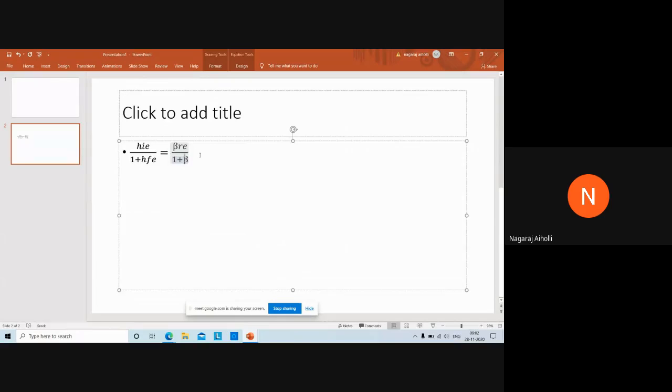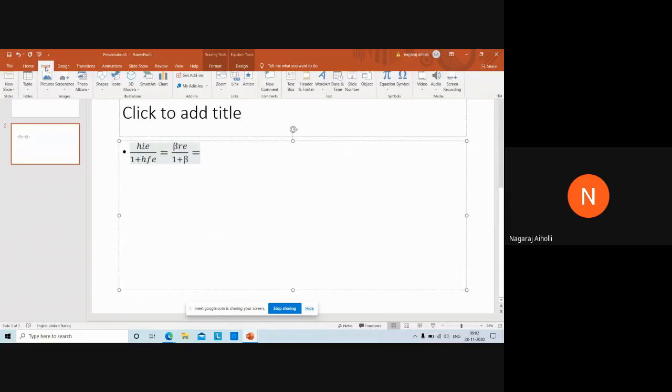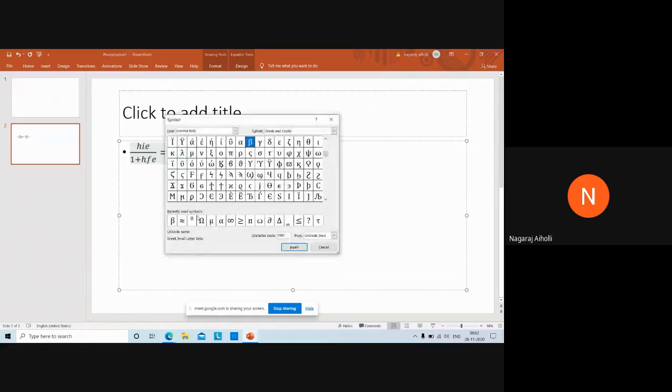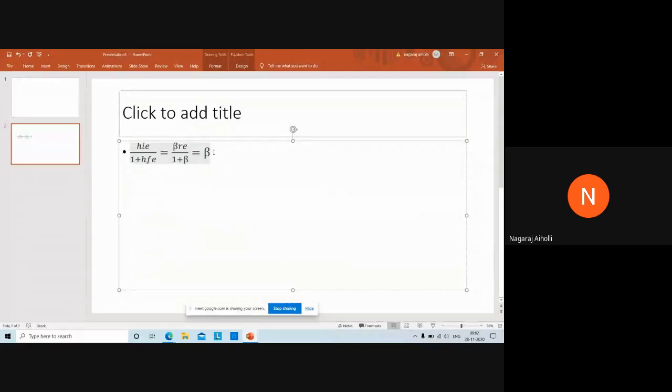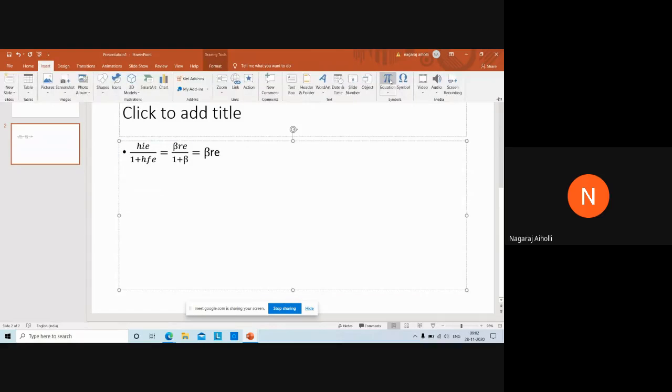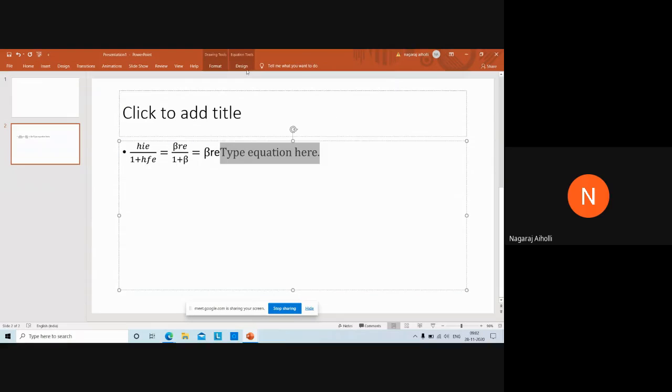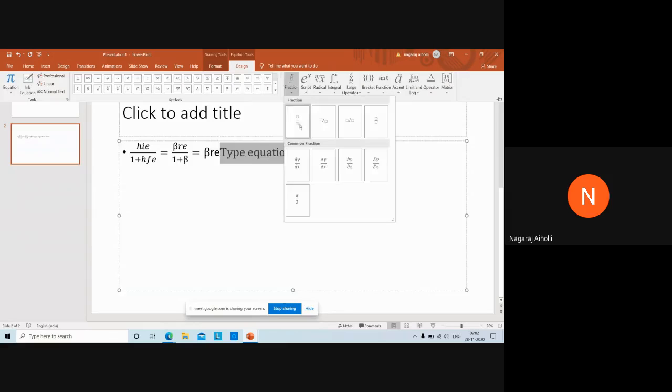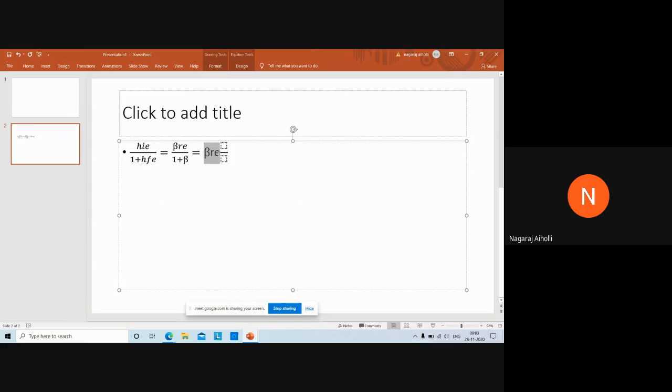Okay. So this I can further write as beta RE. We have beta RE divided by 1 plus beta, and 1 plus beta is approximately beta.